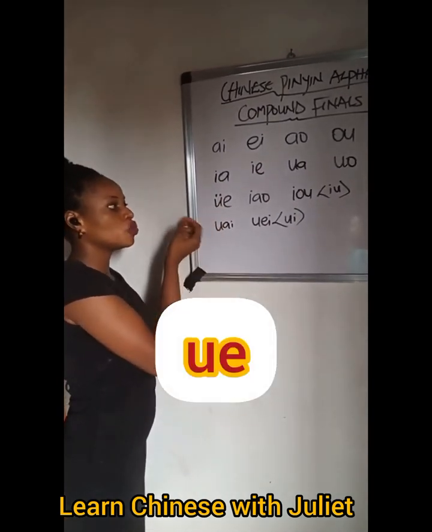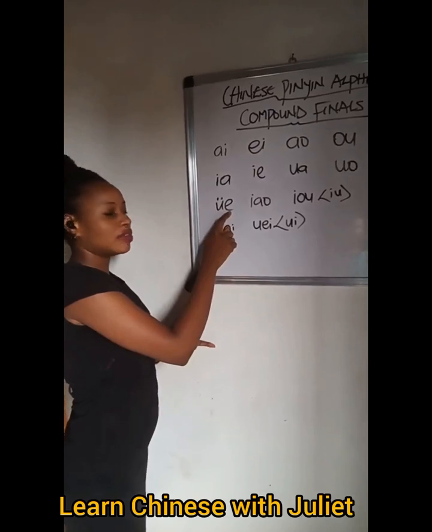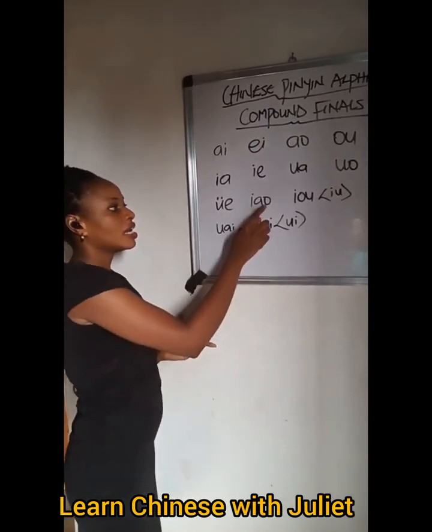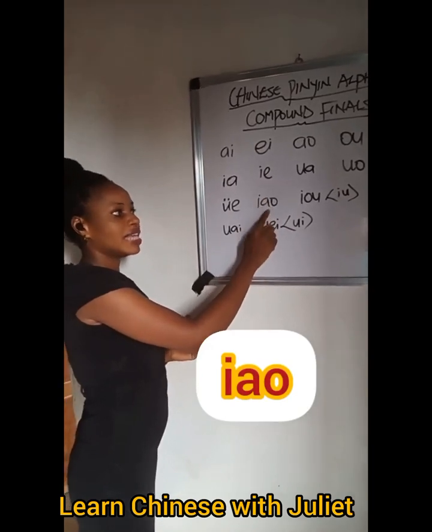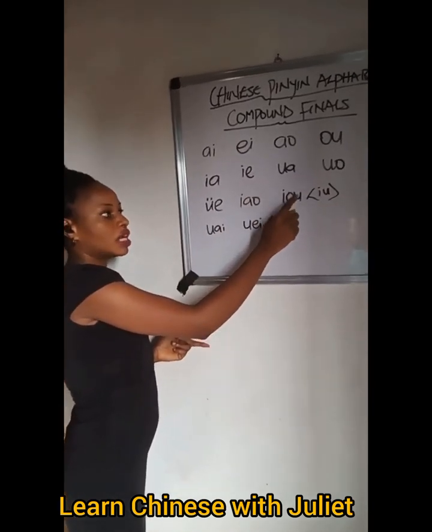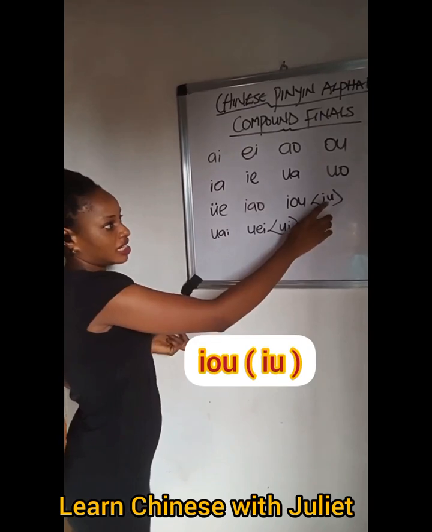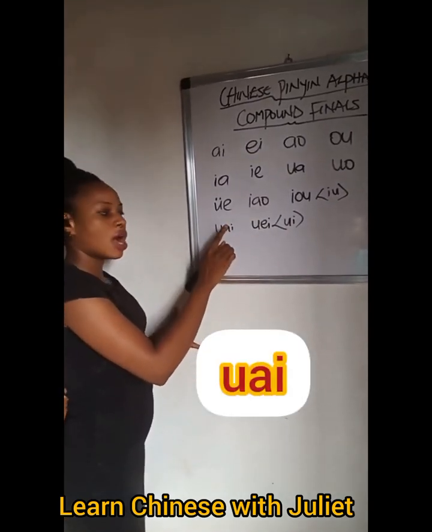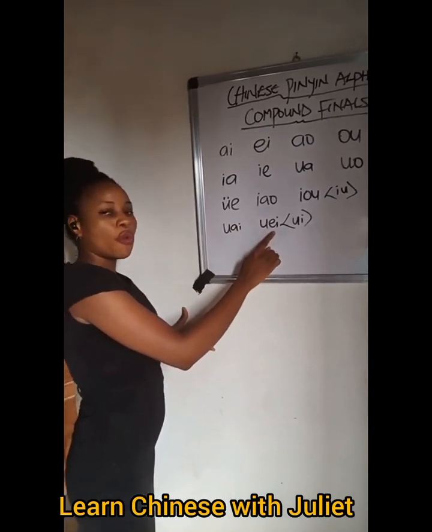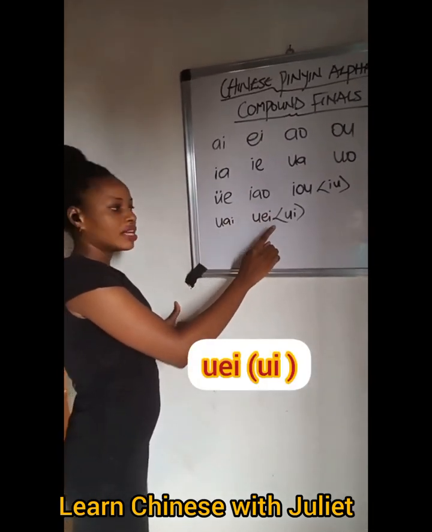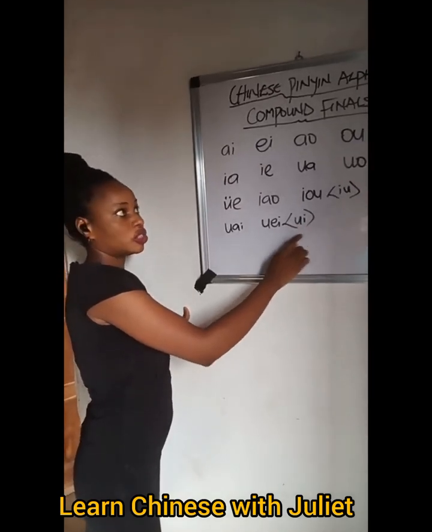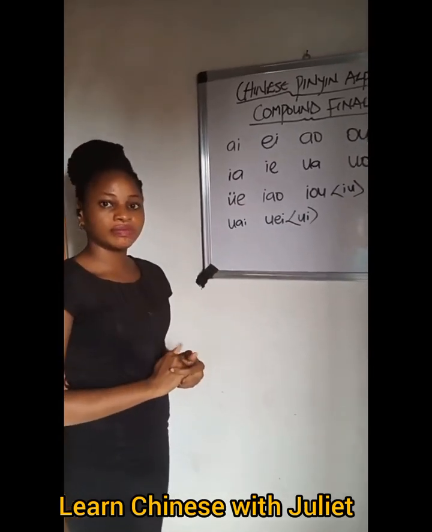Remember this sound is yu. Now when you add air at the front, it becomes yue, yao, you. Now this you for short you can write as i and u. Wei. Now this wei for short you can write as u and i. Hope I'm understood.